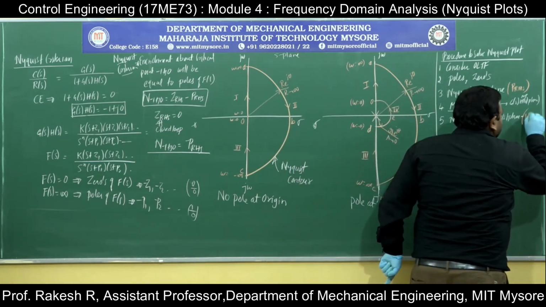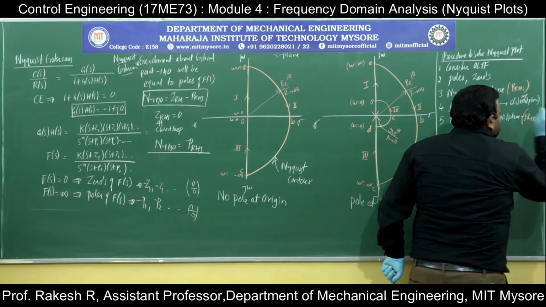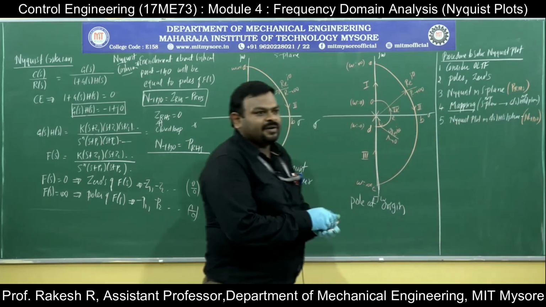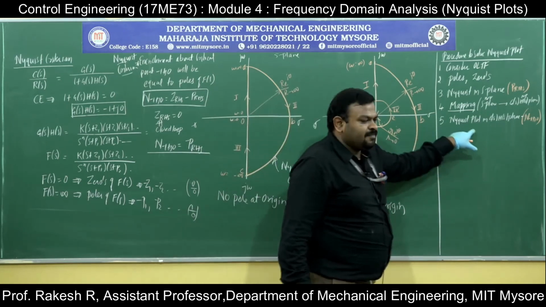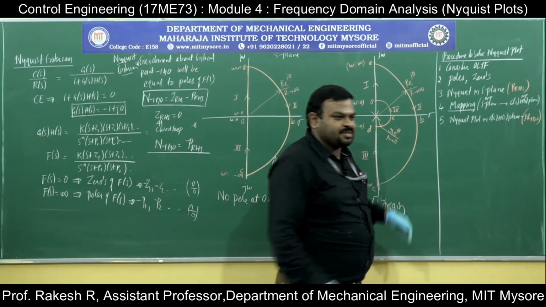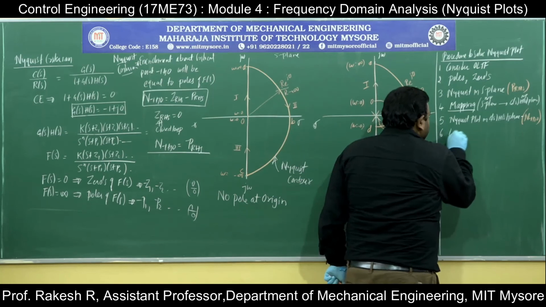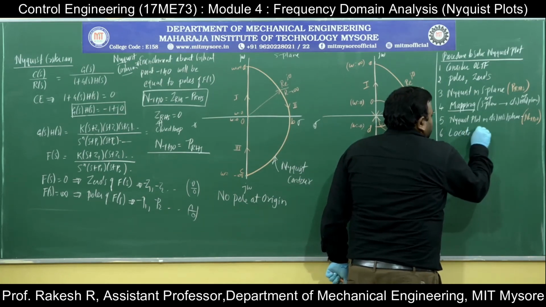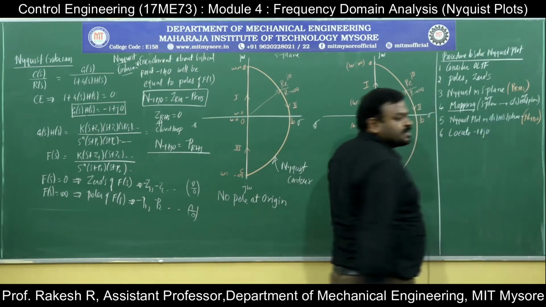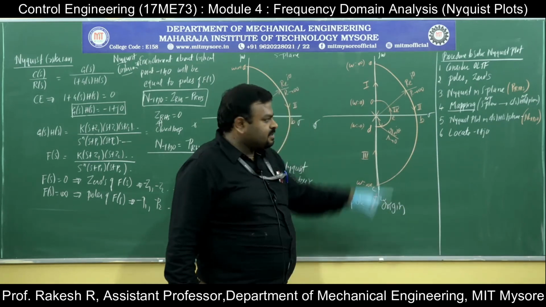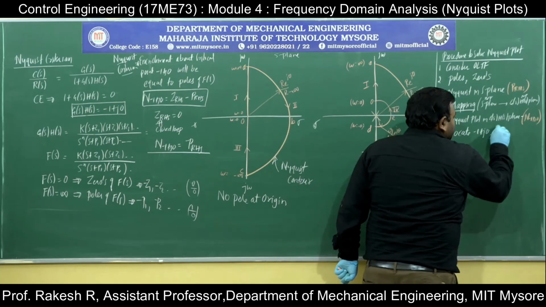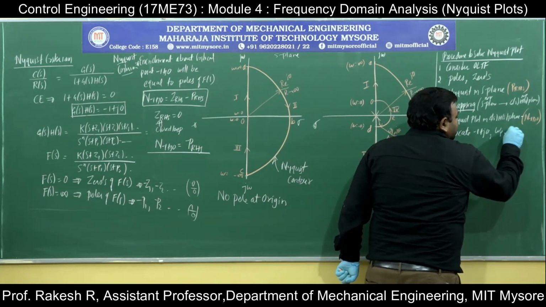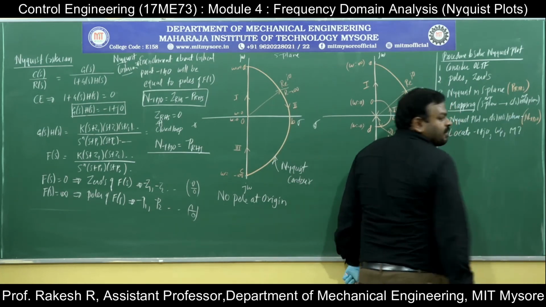So here you will be finding encirclements about the critical point or not. If the Nyquist plot in the G of S, H of S plane is crossing the negative real axis, then locate -1 plus j0. After locating this, find out what is omega p, then find the magnitude of the plot.